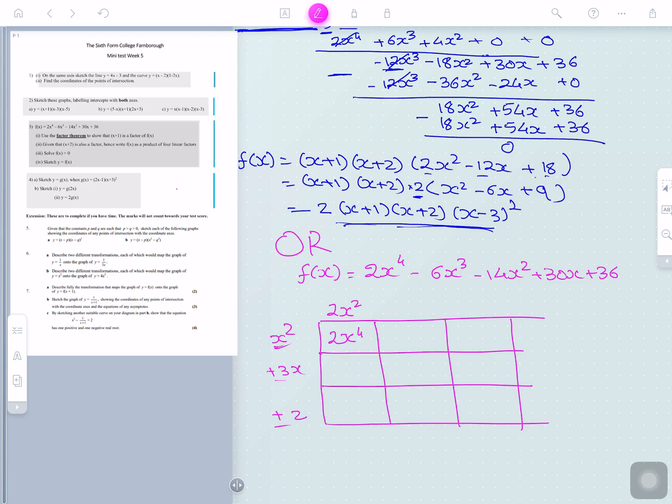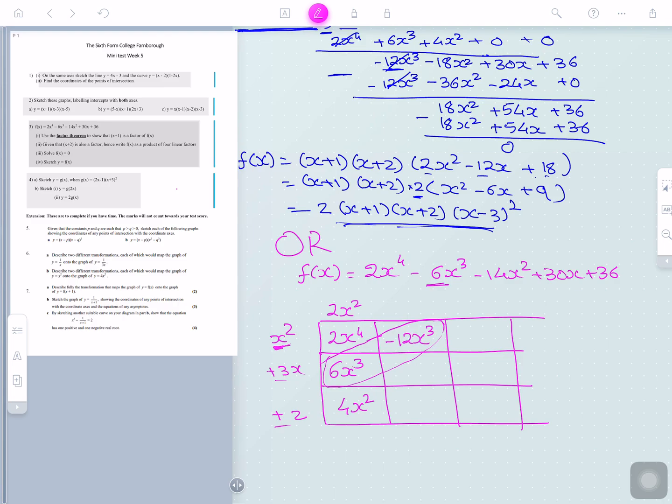So that will be 6x cubed and 4x squared. But we want minus 6x cubed. At the moment, we've got 6x cubed. These should add together to give minus 6x cubed, but we've got 6x cubed, so that has to be minus 12x cubed.